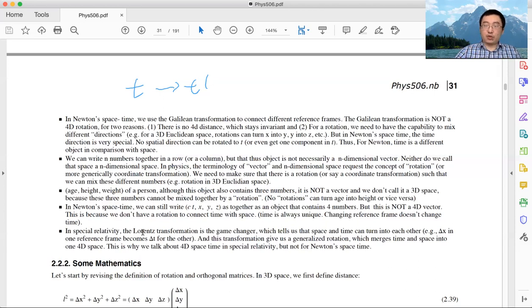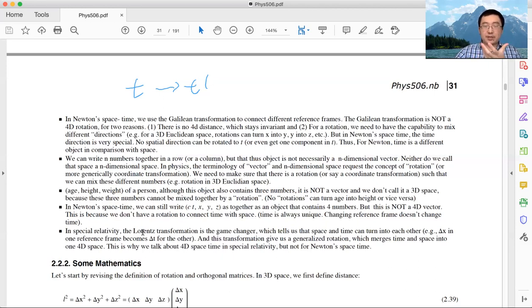Lorentz boost really introduces a rotation and allows us to rotate between space and time. Once we can rotate between space and time, we cannot separate them anymore. We have to write space and time together as one object, and that object is our four-dimensional coordinates. That's why the concept of four-dimensional space-time only becomes important in special relativity.